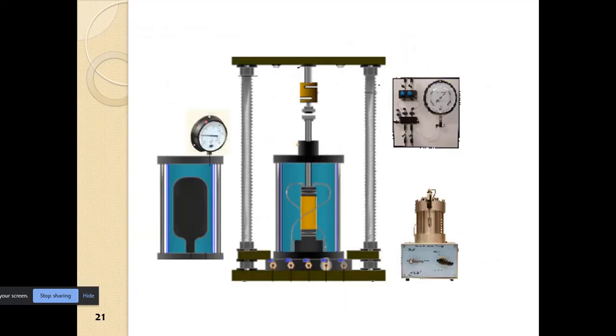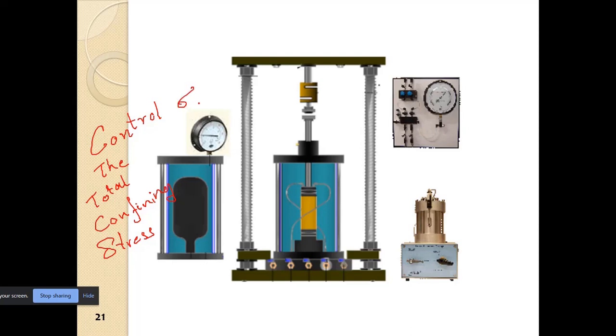So what are the things that we can do in the triaxial test? First of all, we can control the total confining stress. That is sigma 3.